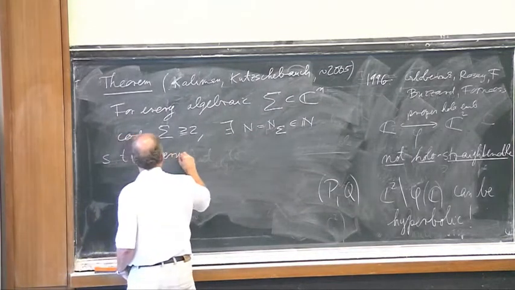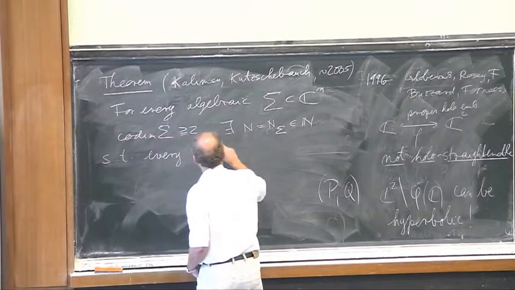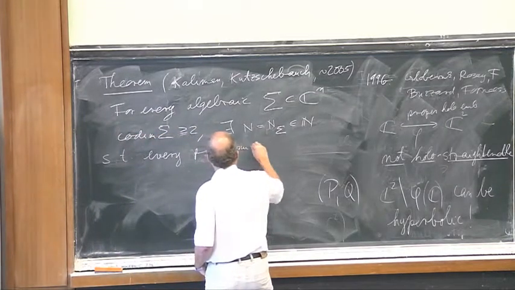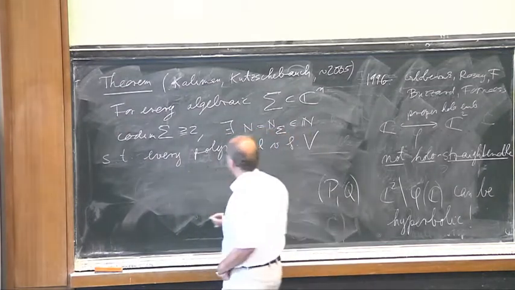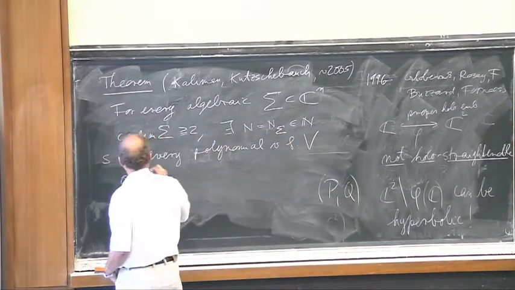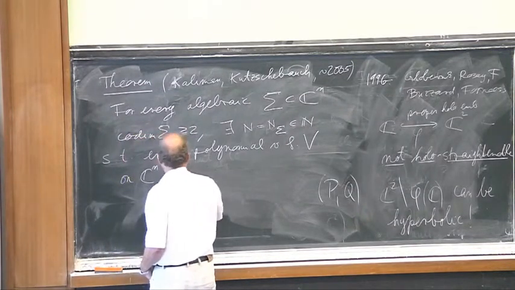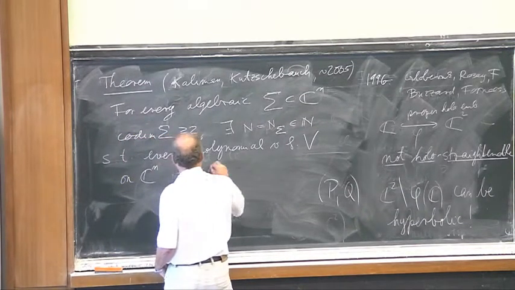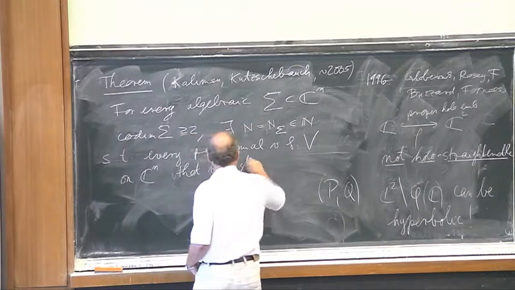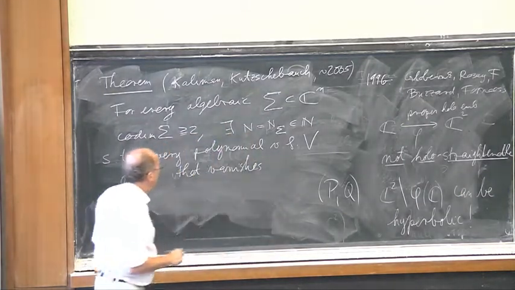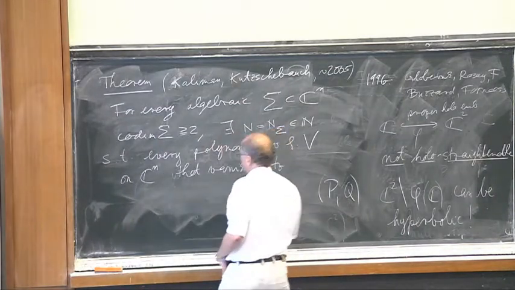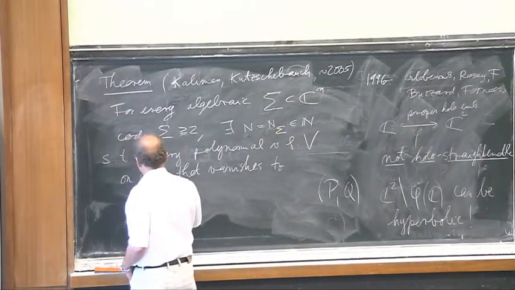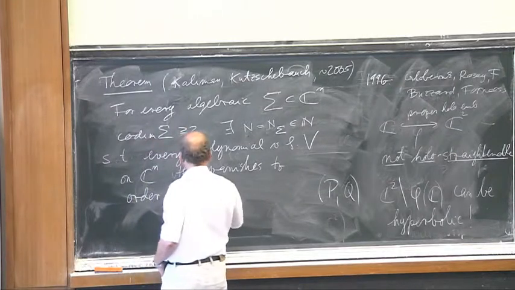every polynomial vector field V on Cn that vanishes on sigma, not just to first order, but to this high order, vanishes to order n on sigma.